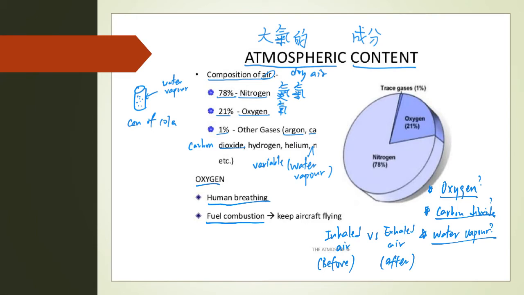What I mean is, do you think there's more oxygen before or after breathing? More carbon dioxide before or after breathing? Water vapor. Think about your breath and the normal air. Which one is usually more wet, containing more water vapor?